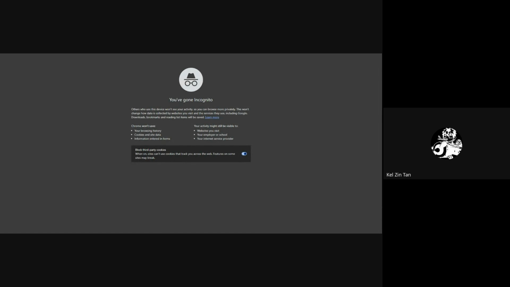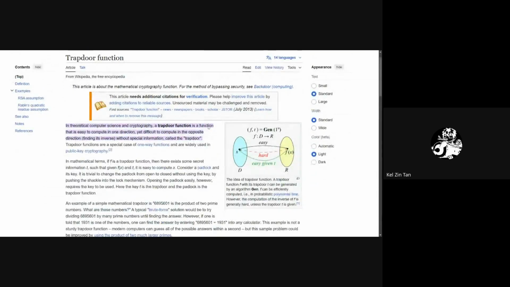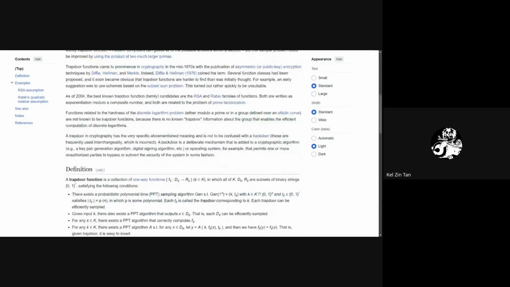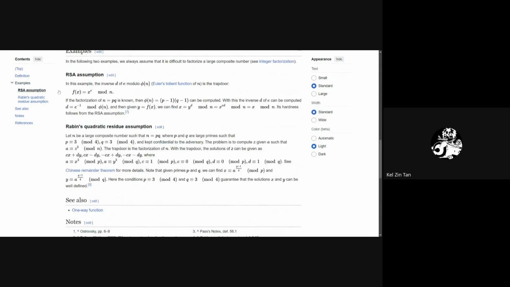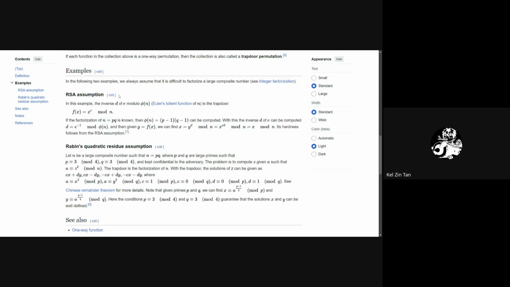Okay, so if you look at the wiki page of trapdoor functions, we have these two, which are the RSA assumption and Rabin's quadratic residue assumption. The RSA assumption is just an assumption.